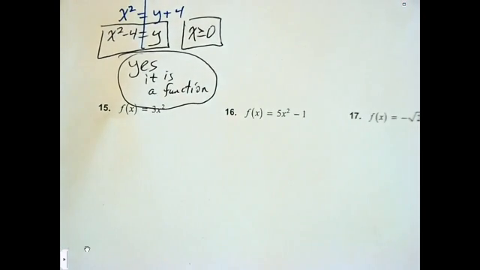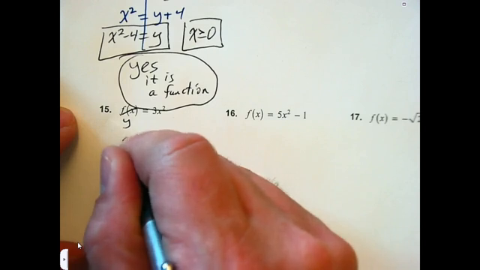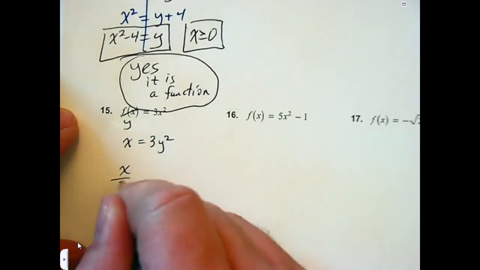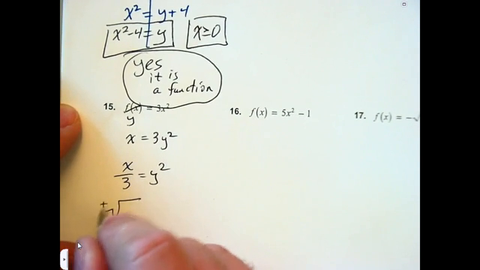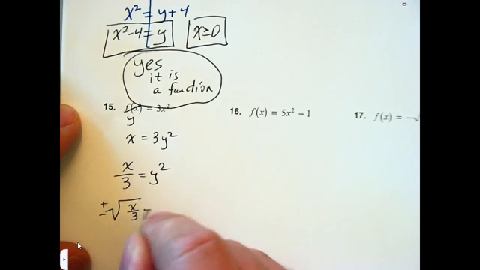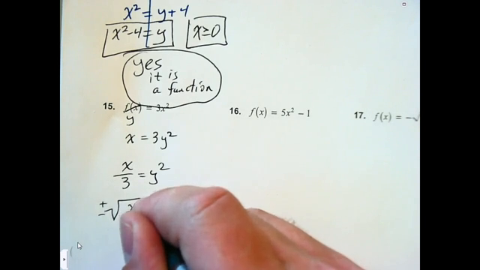Find its inverse. Last one we'll do as a class. So switch your values. Divide by 3. Take the square root. Is that a function?